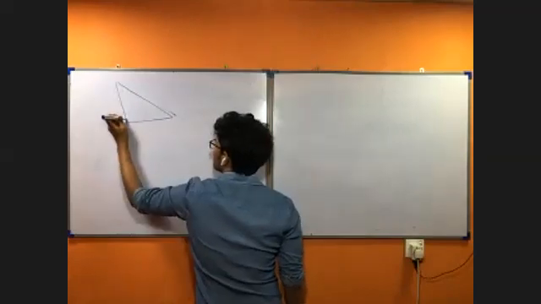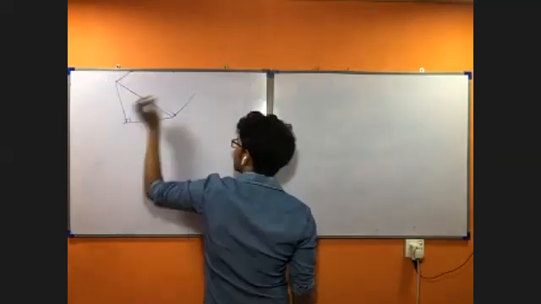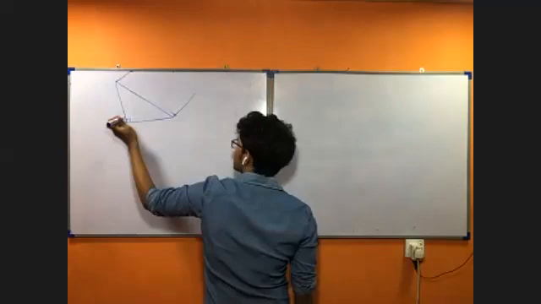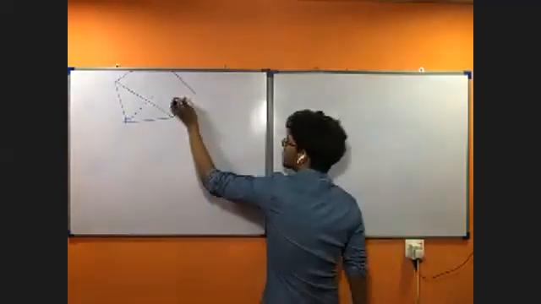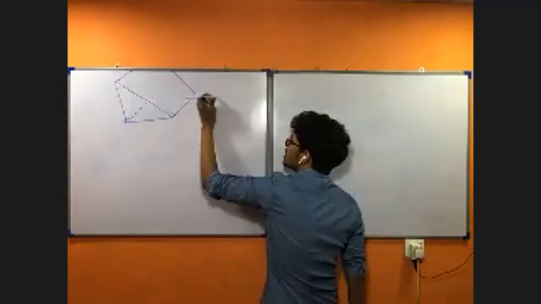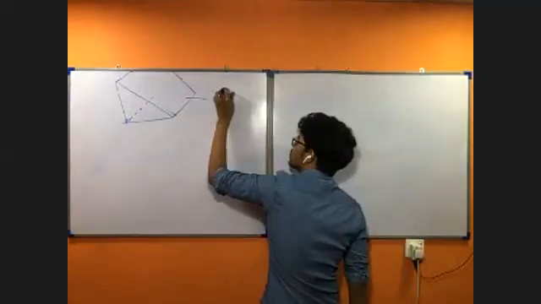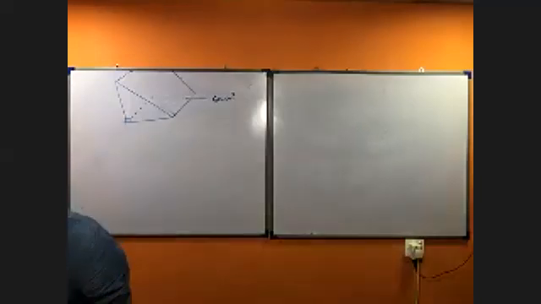So we have a prism like this. The volume of this prism is going to be 60 centimeters cubed, right? Find the length of the prism.